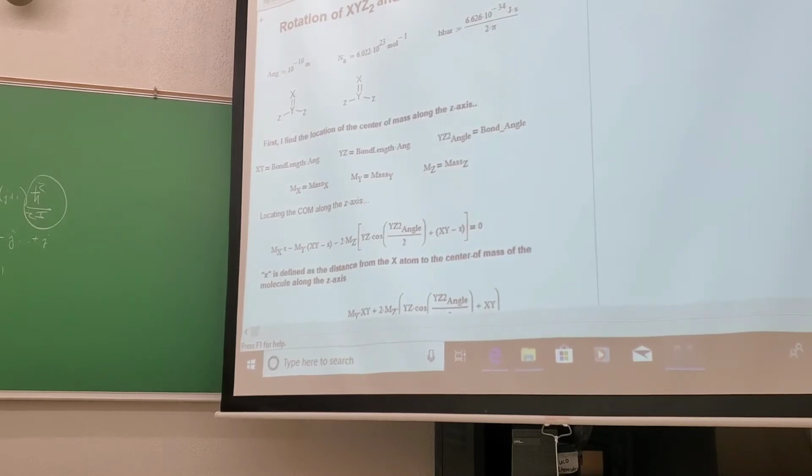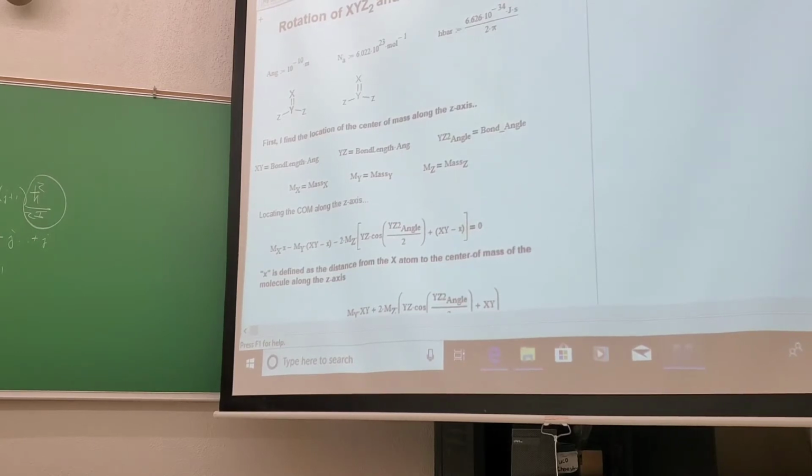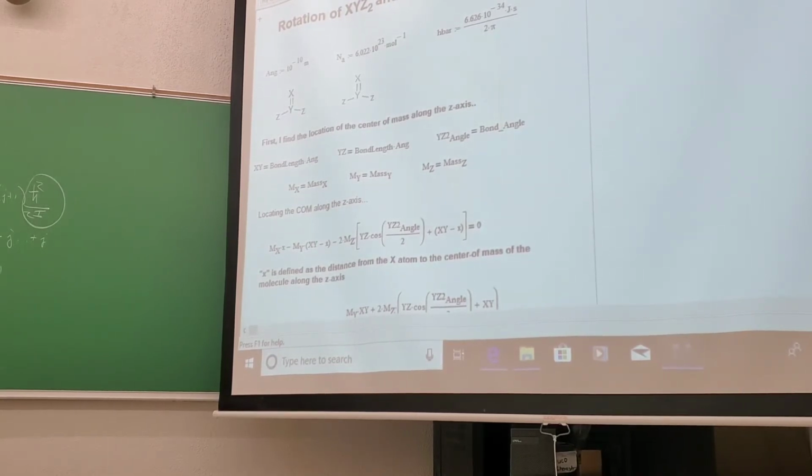For this system, what you'll do is you say, all right, the mass of atom C multiplied by this distance here, which is R2 minus S. Because it's R2, subtracting that S gives me the distance from here to here.